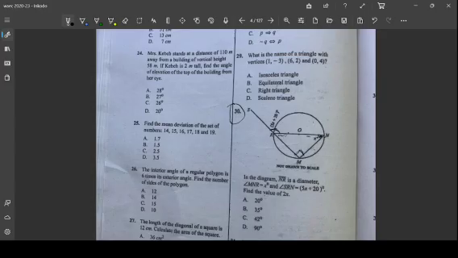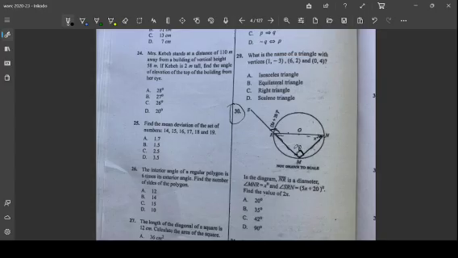The lines it brought to touch the circumference will always meet at 90 degrees. So this place is 90 degrees.